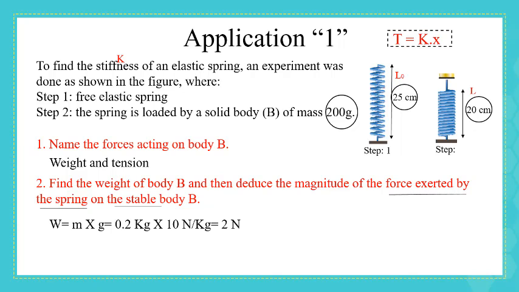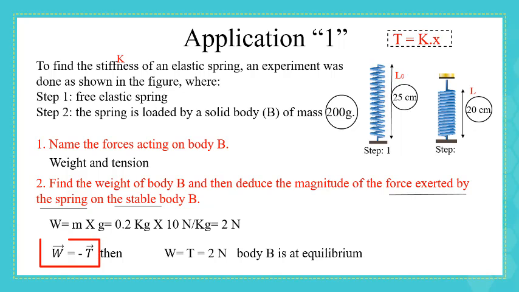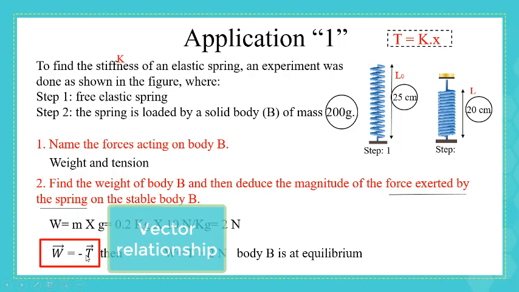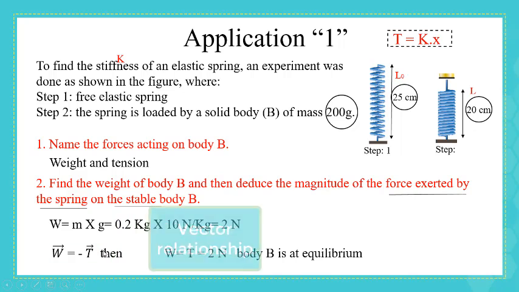The second part of this question is to deduce the magnitude of the force exerted by the spring. The force exerted by the spring means the tension force, we have to find the magnitude of the tension force on the stable body B. Stable body means that it is at equilibrium. So referring to the condition of equilibrium between the weight and tension, it gives weight is equal to minus tension, a vector relationship.